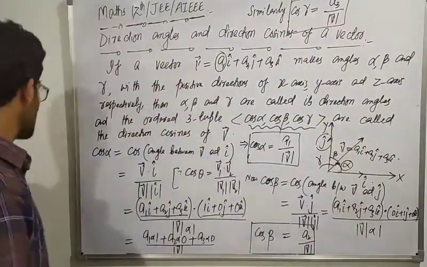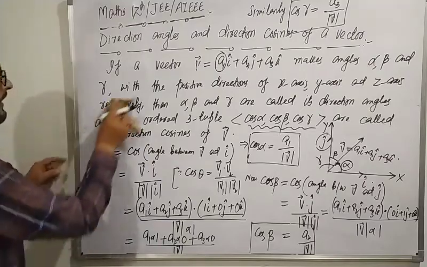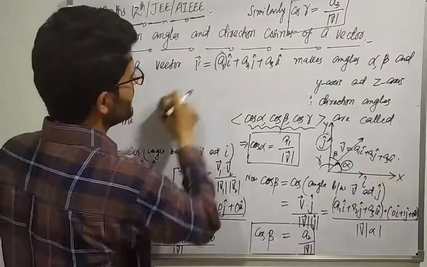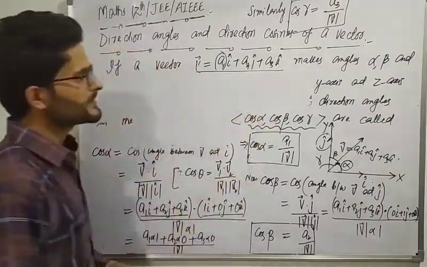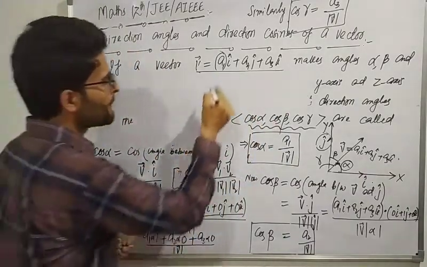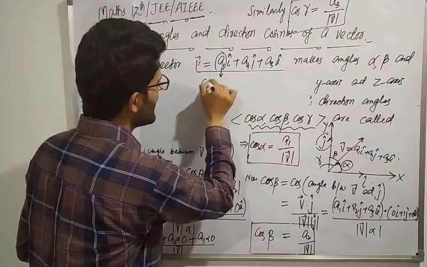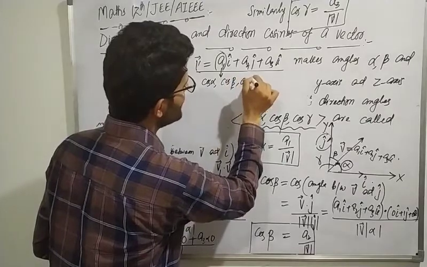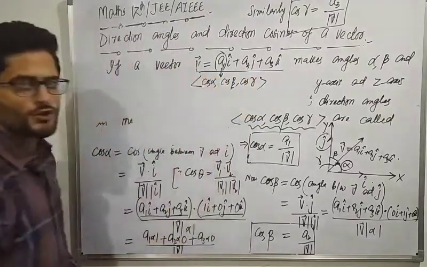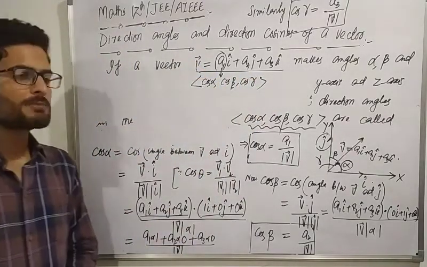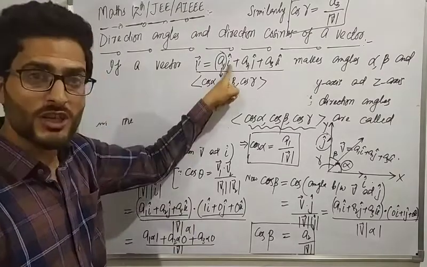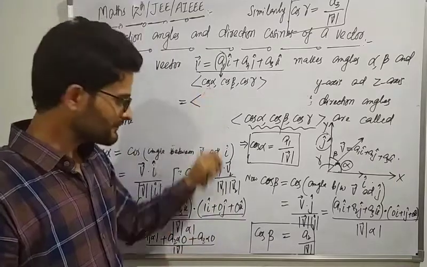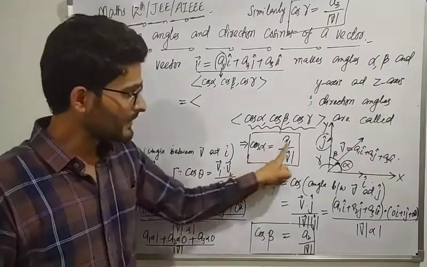तो जिगरा अगर आपके पास कोई वेक्टर होगा, इन सिंपल सेंसेस, अगर आपके पास कोई वेक्टर है v is equal to a1i plus a2j plus a3k, और आपको चाहिए इसके डायरेक्शन कोसाइन, क्या आएंगे? cos alpha, cos beta, cos gamma, ordered three tuple. So ordered three tuple of cos alpha, cos beta, cos gamma are its direction cosines, and that can be written as ordered three tuple of what is cos alpha? a1 by mod v.